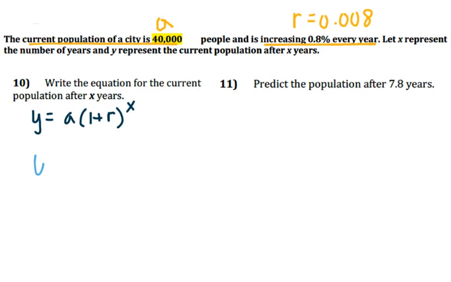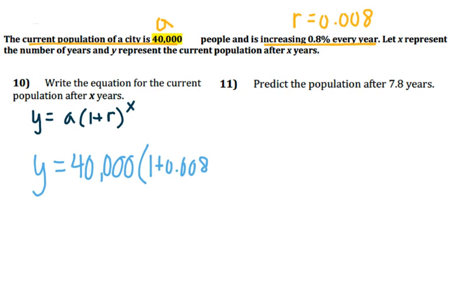So our equation for number 10 would be y equals 40,000, our initial value, times 1 plus 0.008 raised to the xth power. Or we can write this equation by simplifying inside the parentheses as y equals 40,000 times 1.008 raised to the xth power.